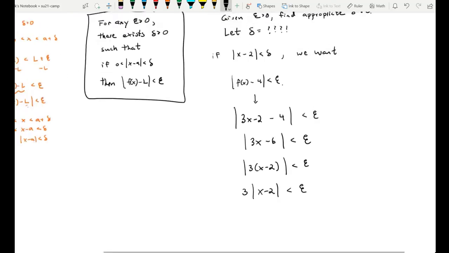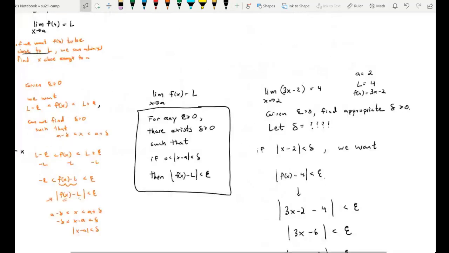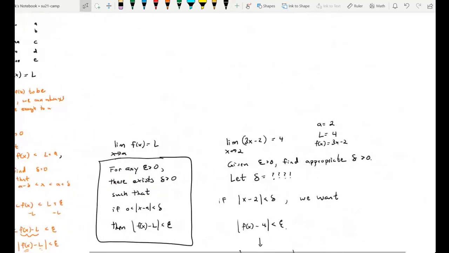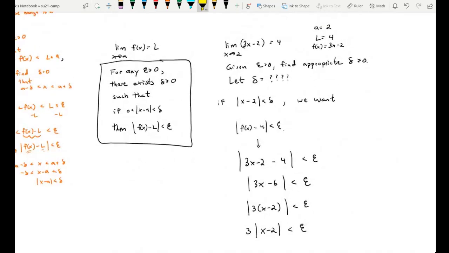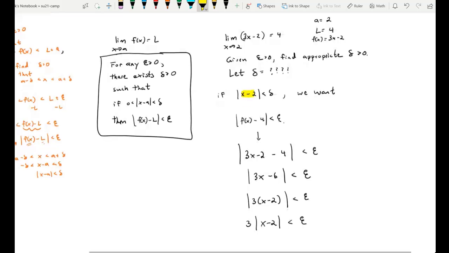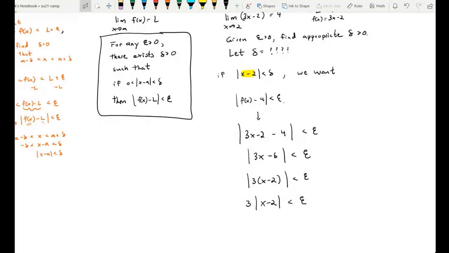Now what's the magic? Well, notice that we have this absolute value of x minus 2 over here, correct? And we see that over here as well. So let's divide both sides by 3 over here. Now we see that the absolute value of x minus 2 must be less than epsilon divided by 2.